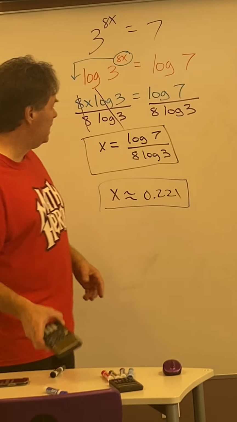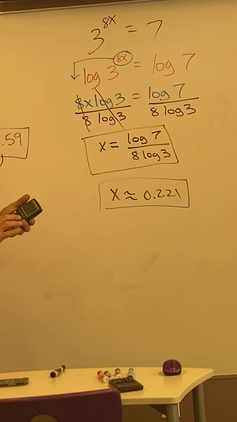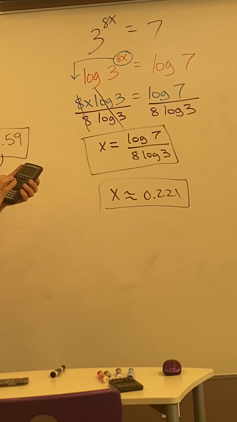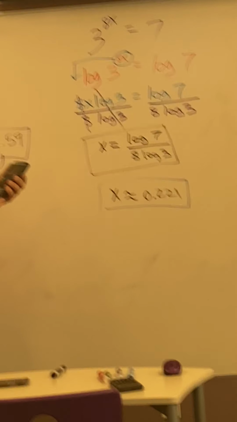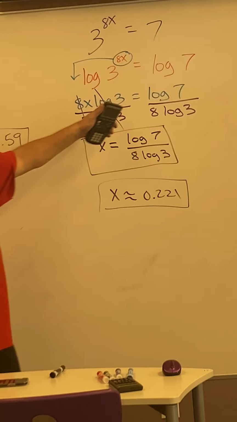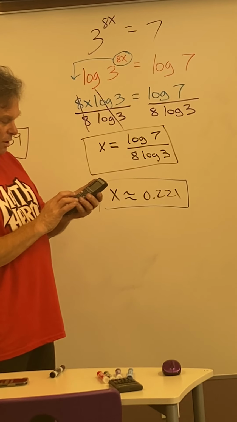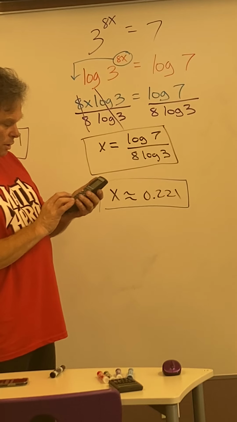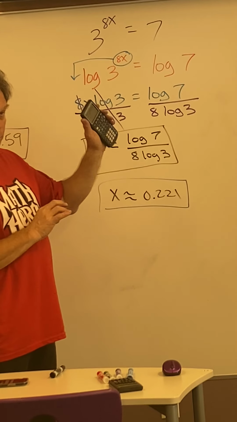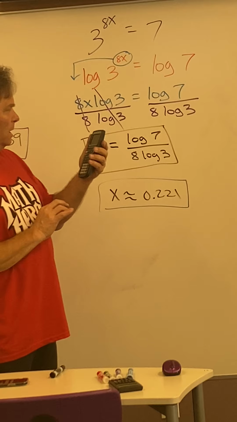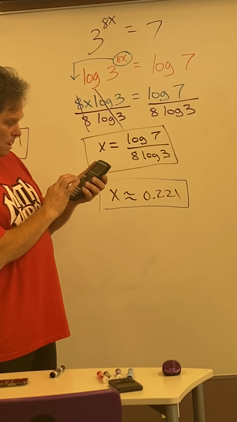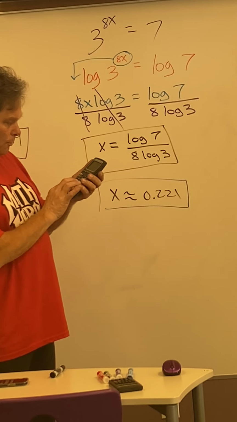All right. If you do it on this kind of a calculator, here's what you would do. First of all, you would do log, and then 7, like this. And I would hit enter. That gives you 0.845, whatever. That's just the top, log 7. Now, if you want to divide by 8 log 3, you could go divided by, and then parenthesis first, then 8 times, then hit log 3.